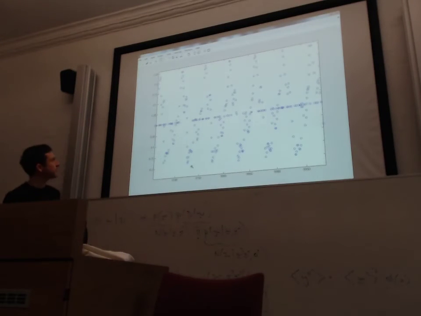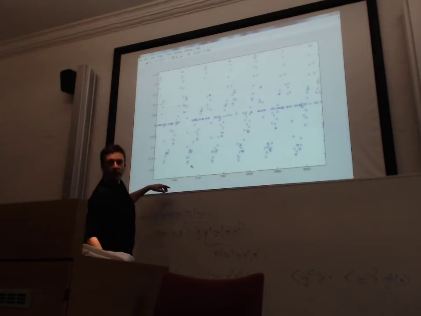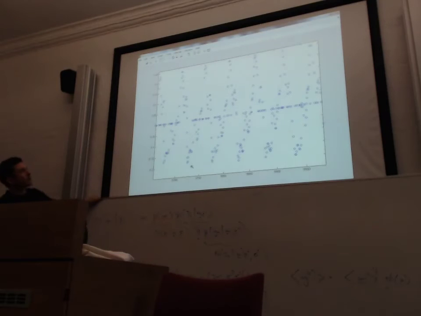You can see the zeroing going on here, just random. I could have plotted the waveform again, but it's the same idea.